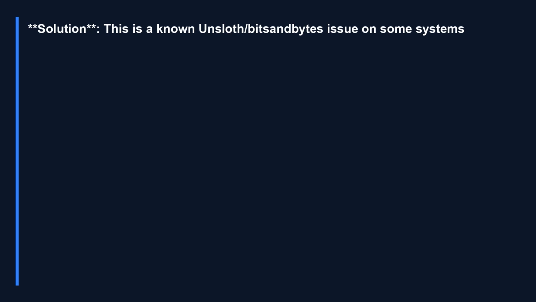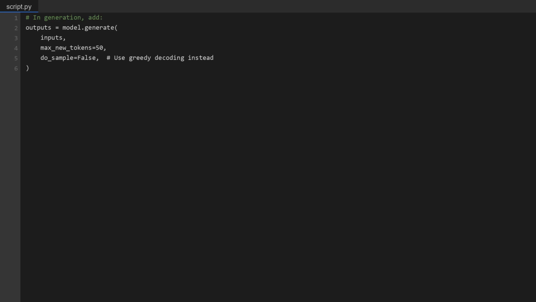Solution: this is a known Unsloth/bitsandbytes issue on some systems. This code snippet is responsible for generating text using your fine-tuned model. The model.generate function takes the inputs you've prepared and produces new tokens based on them. The max_new_tokens parameter specifies that you want to generate up to 50 new tokens, which helps control the length of the output.